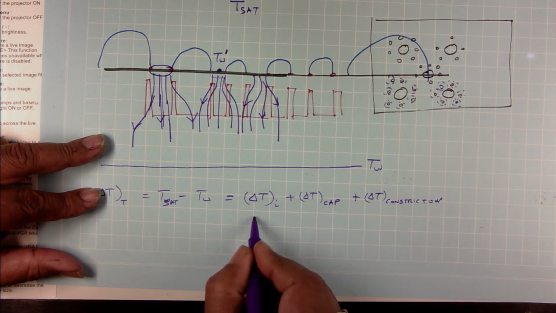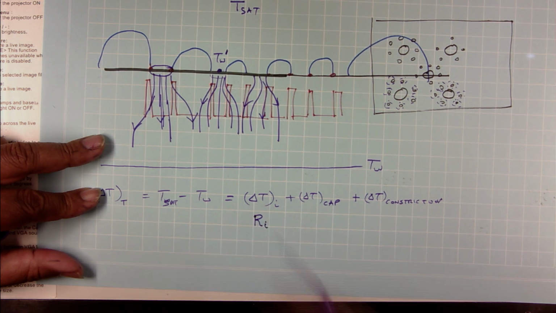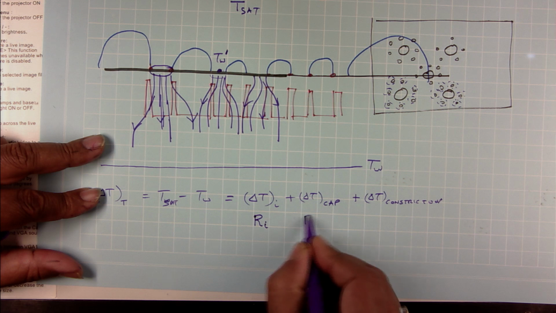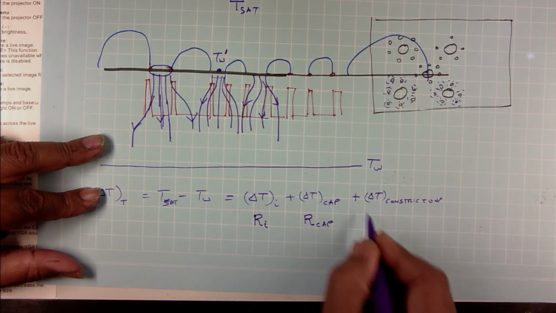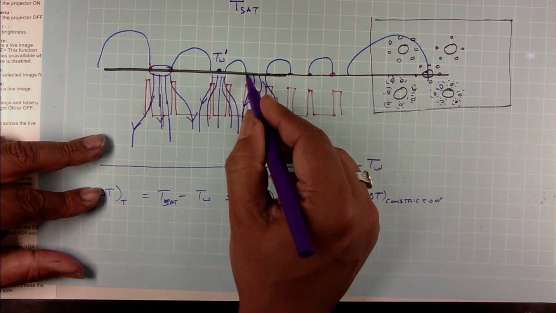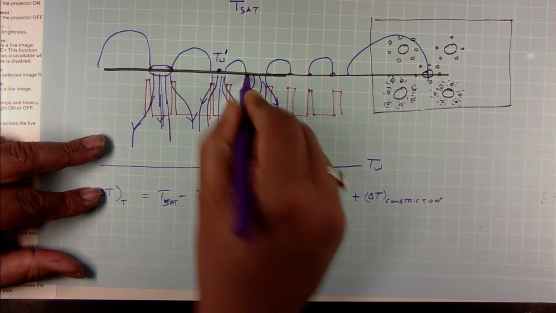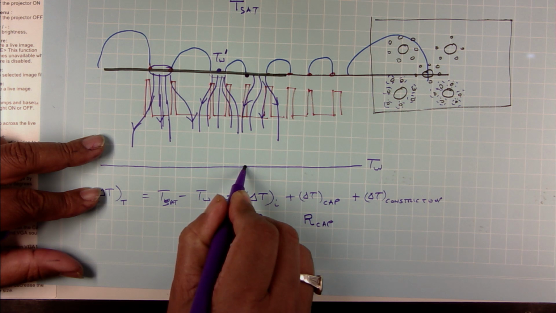So I have a thermal resistance at the interface, a thermal resistance due to the droplet, and a thermal resistance because it has to conduct from here to here. You see what I am saying, which is known as the constriction resistance.